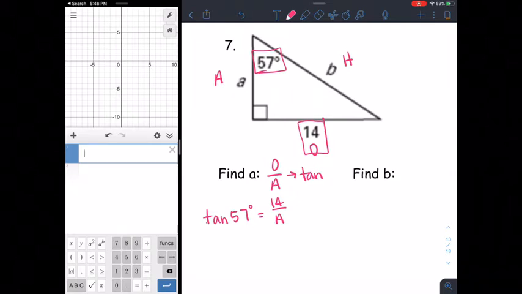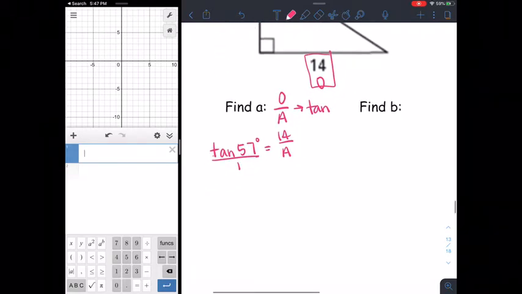Now, I want you to think back to solving proportions. If I put this over 1, we can solve any proportion by cross multiplying. So I'll show you the long way and then we'll just cut some corners here in a little bit. If I cross multiply these, I end up with A times the tangent of 57 is equal to 14.